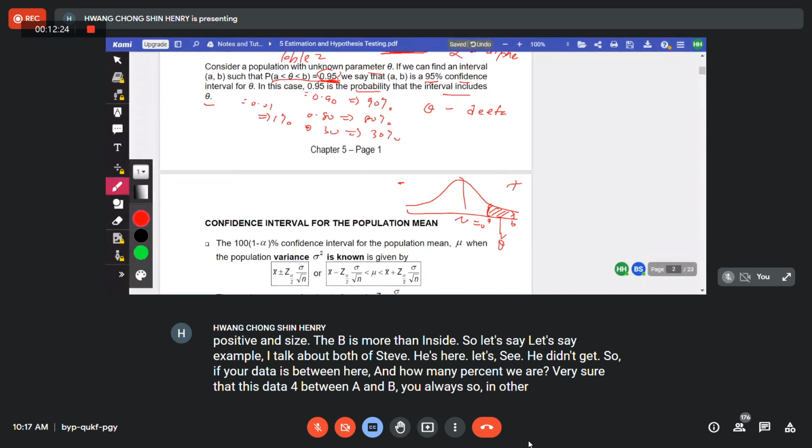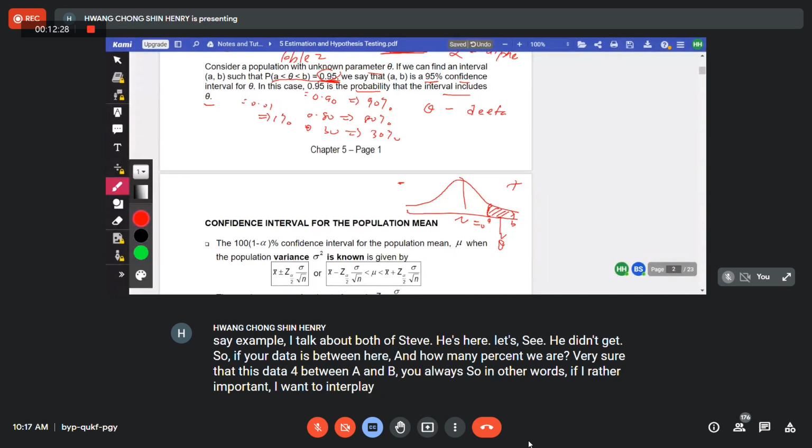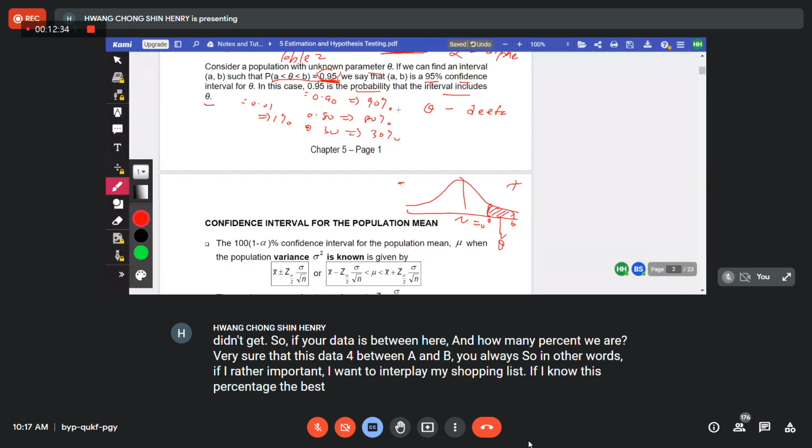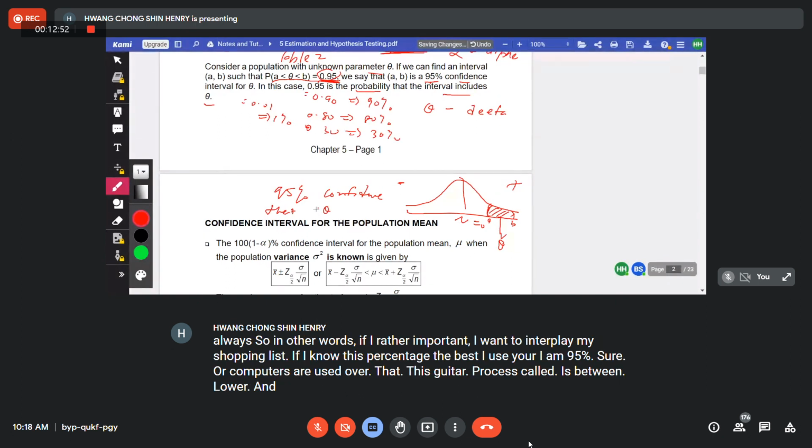So in other words, if I write a report, I want to interpret my confidence level. If I know this percentage, let's say I use 0.95, how do I say? I am 95% sure, or confident, however we use the word, that this theta, your z-score, is between the lower and upper boundary.